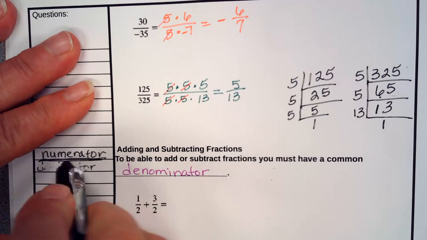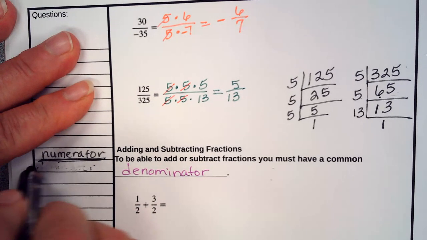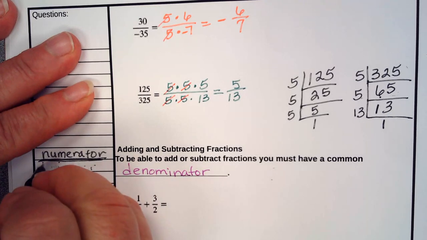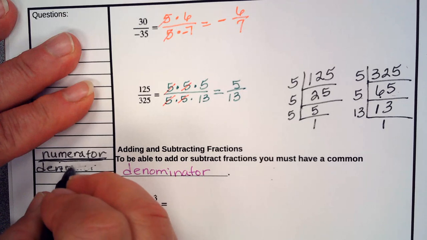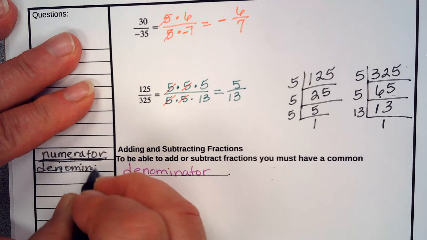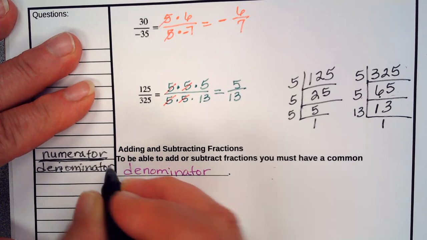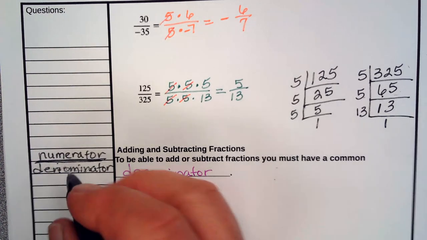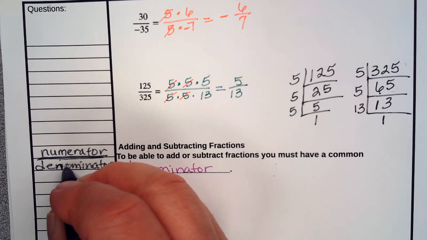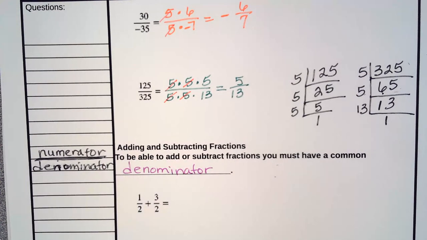I knew it did not look right. So what we're talking about having to have a common one of is that bottom number. So if they're not the same, then we have to find an equivalent fraction with the same denominator.